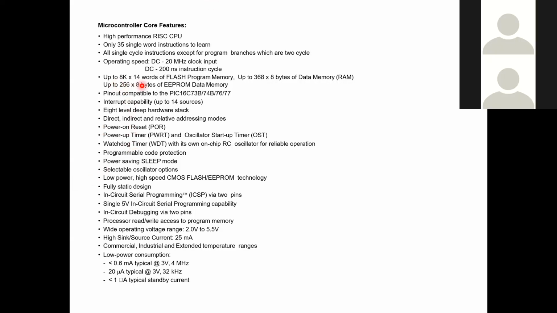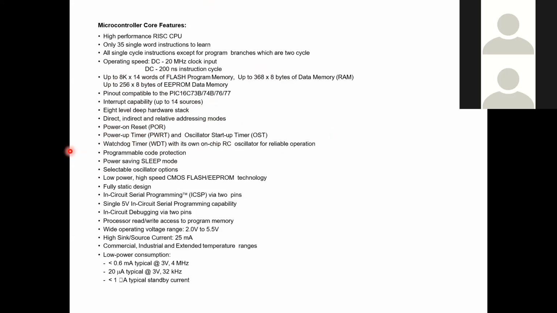We all know 8 kilobytes of program memory, 368 bytes of data memory, 256 bytes of EEPROM memory, 14 levels of interrupt, 8 levels of hardware stack, and direct, indirect, and relative addressing modes. But we will see direct and indirect. Relative addressing modes we will see in the instruction set.